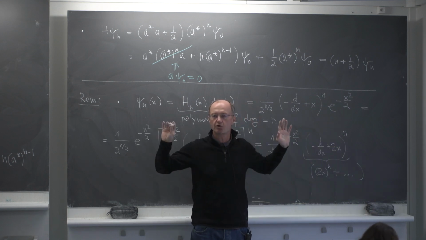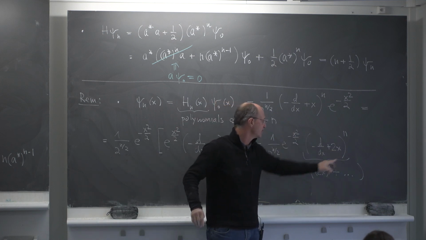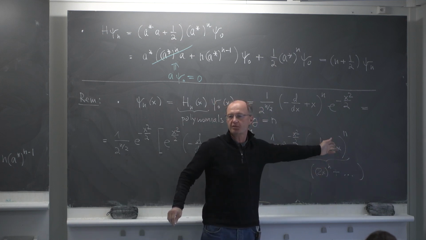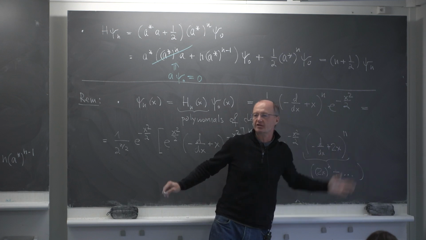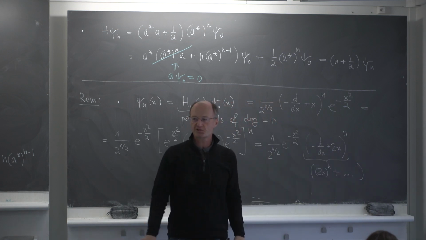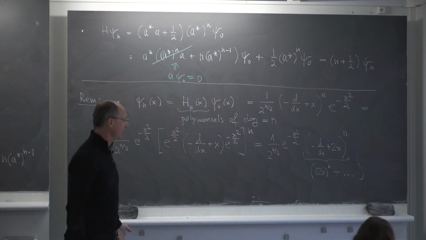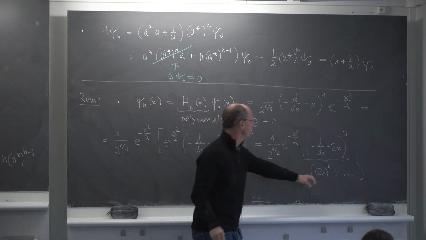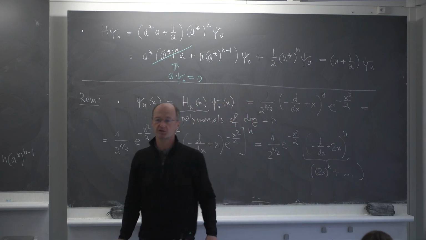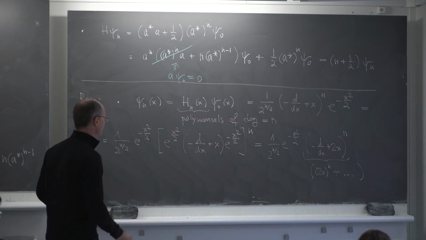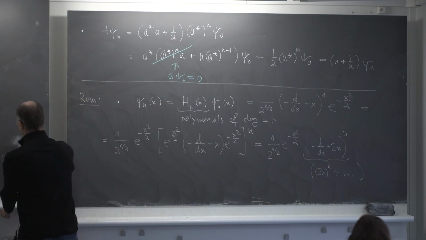If no d over dx ever hits an x, you get (2x)^n, but otherwise you get some other terms, which are lower degree. So this is a polynomial of degree n, and you even know what the leading term is. So that's the first remark.